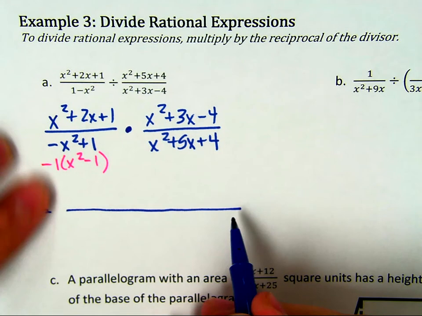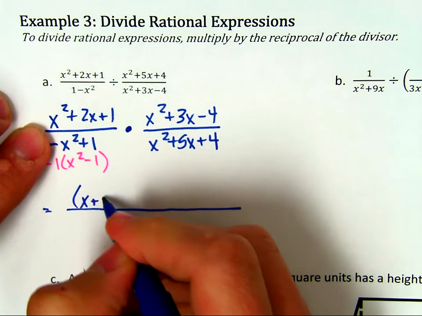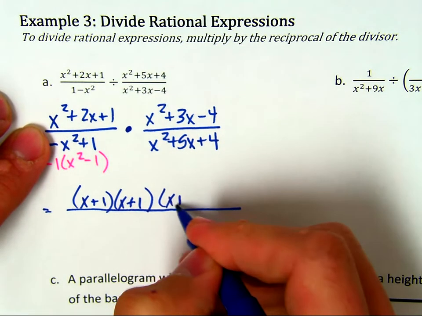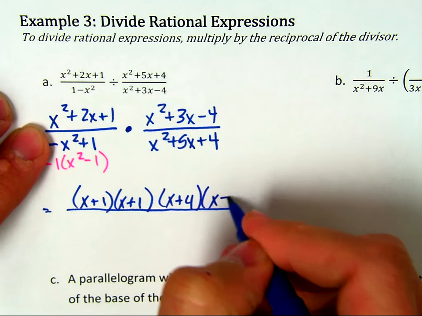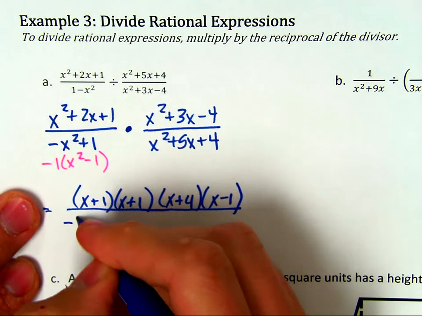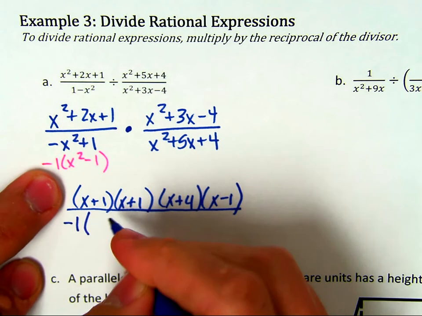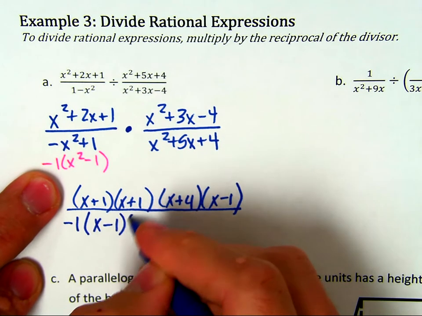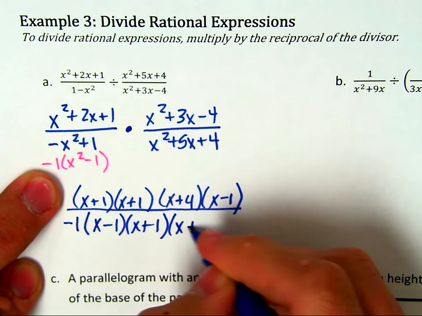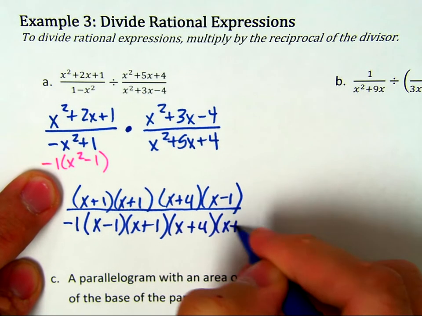So the first fraction, this is x plus 1, x plus 1. The second one, we get x plus 4, x minus 1. Here we've got a negative 1. We're going to bring down that GCF. X squared minus 1 is the difference of perfect squares, so x minus 1, x plus 1. And then here we have x plus 4, x plus 1.